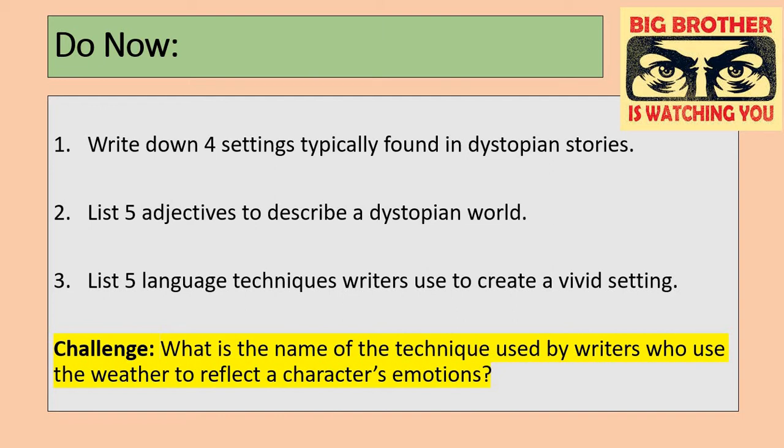And then finally, if you went for the challenge, what was the name of the technique used by writers who use the weather to reflect a character's emotions? And hopefully for those of you that looked at that, it was pathetic fallacy. That's the name of the technique that writers use to affect somebody's emotions.